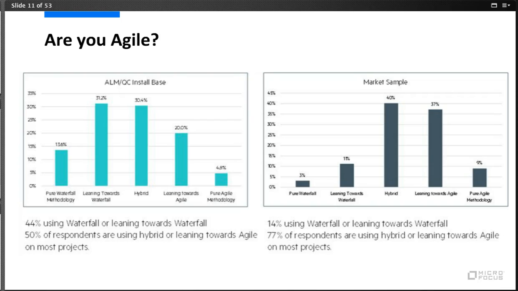What we did is when we collected this back from many of the customers, we really realized that many of you are leaning towards Agile and you're really striving to move there with your projects, but you're not fully there yet. And we've gotten a lot of feedback that many of your projects, though, are Agile or DevOps, but some of your key projects are waterfall, and they really will be staying that way for years to come.